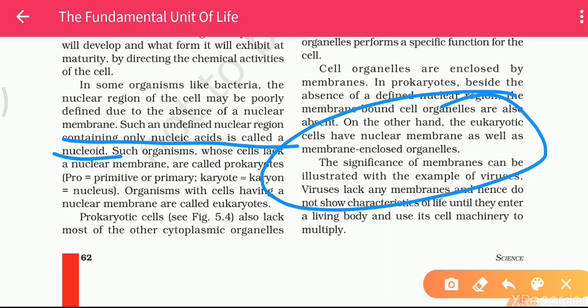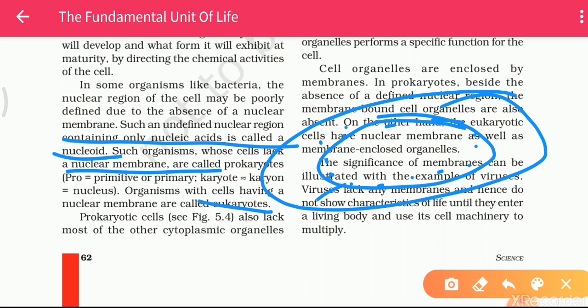In prokaryotic cells, the nuclear membrane is not well defined, and that is called the nucleoid, in which a nuclear membrane is not present. Organisms with cells having a nuclear membrane are called eukaryotes. Eukaryotic organisms are those in which the nucleus and nuclear membrane are both present.